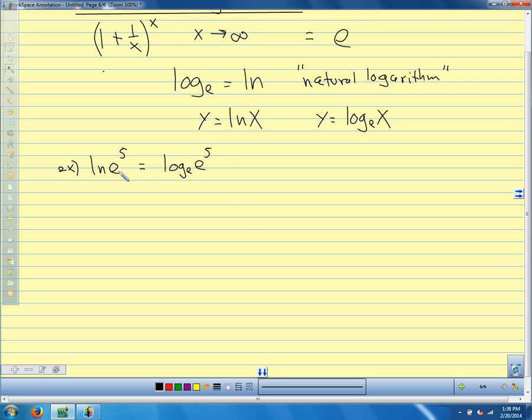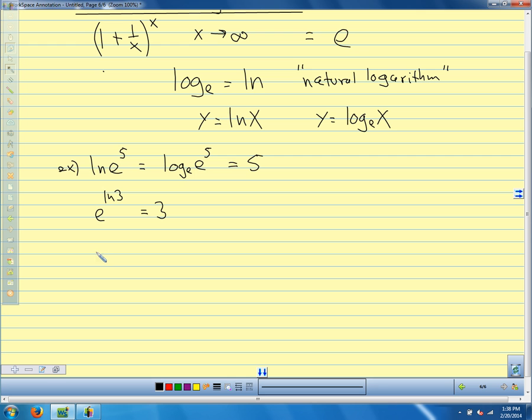Natural log and the exponential function with e as the base undo each other. They're inverses of each other, so this is going to be 5. How about e to the natural log of 3? 3. Exponential function with base e, log function base e, they undo each other, they're inverses of each other, so that's just going to be 3.